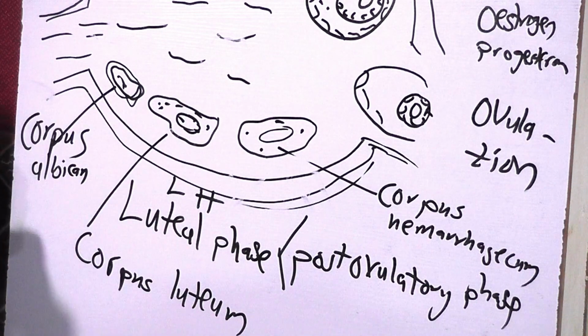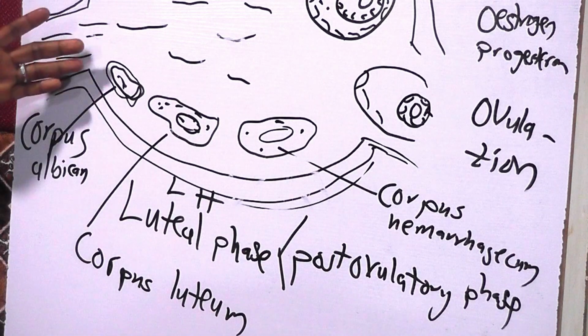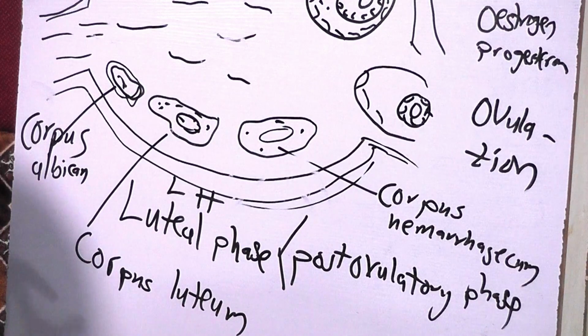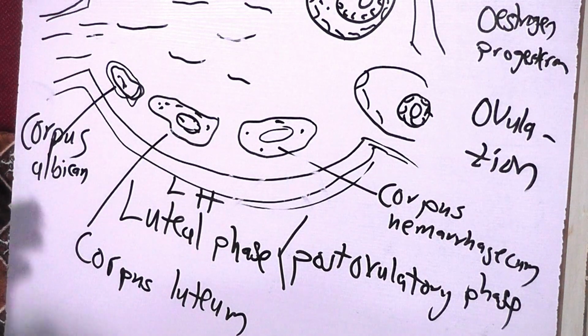And this corpus albicans undergoes atresia, which is a process of degeneration, and it becomes an atretic follicle. The atretic follicle is later absorbed by the body.